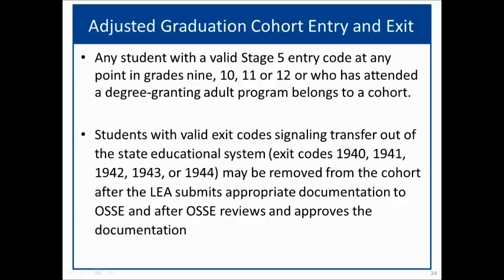When students have valid exit codes that signal that they are transferred out of the state educational system, and these codes include 1940, 41, 42, 43, and 44, when we receive those codes for those students, they may be removed from the cohort, but only after the LEA submits appropriate documentation to OSSE, and OSSE reviews and approves the documentation. Again, this is not an automatic process, and it does require administrative review.